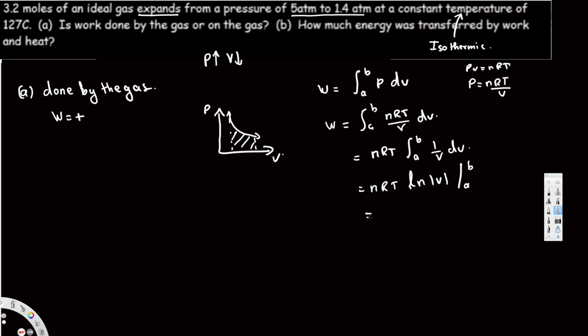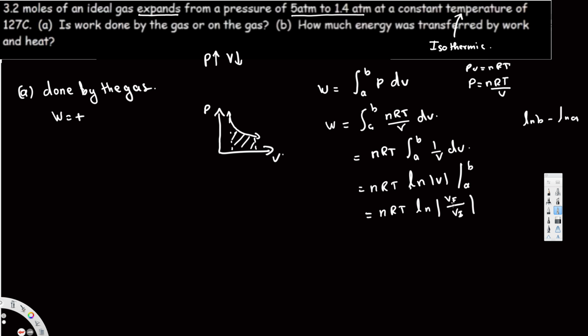Here the equation is basically nRT ln of V final over V initial, right? Because when we substitute this value, this is going to be ln B minus ln A. That is the same as in ln, when we subtract it means dividing, and when we add it means multiplying. So that's how we derive this one.